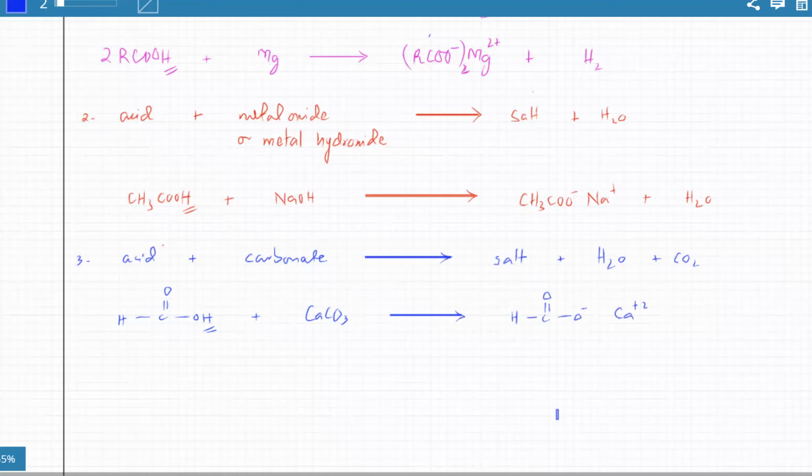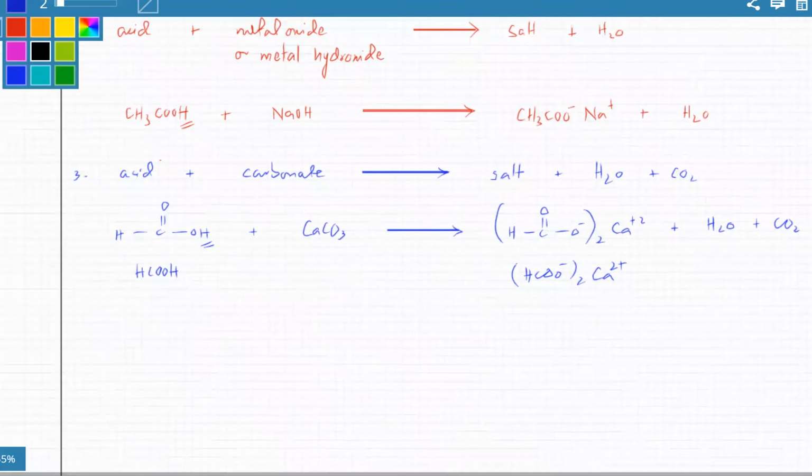To balance out the charges, if you do crisscross, it's going to be 2. This would be twice, plus water plus carbon dioxide is going to be produced. You could have written this in the condensed form as HCO minus 1 twice, and Ca is 2 plus.